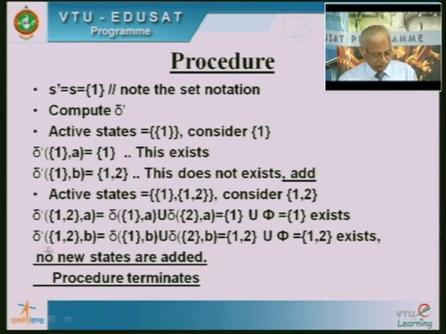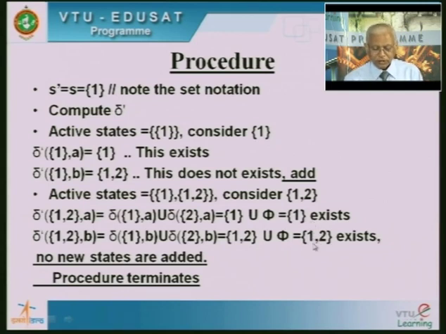Now, similarly, delta dash of 1 2 comma B can be calculated. Only in this slide I want to be explicit. Delta of 1 comma B union delta of 2 comma B, each one you have to take separately. Now, 1 on B will go to 1 2. Then 2 on B, 2 does not have a transition, therefore phi, and 1 2 exists.